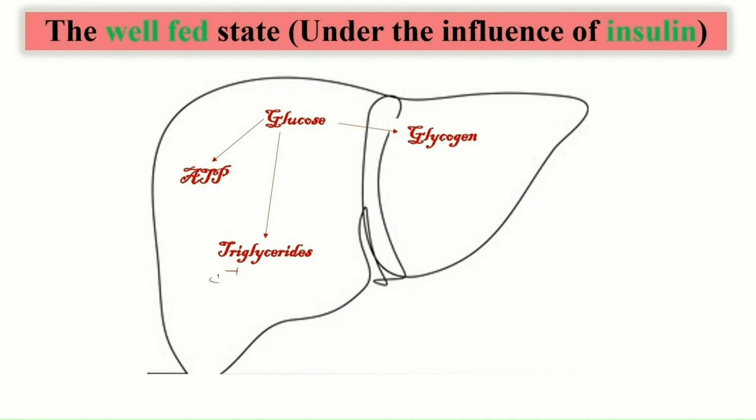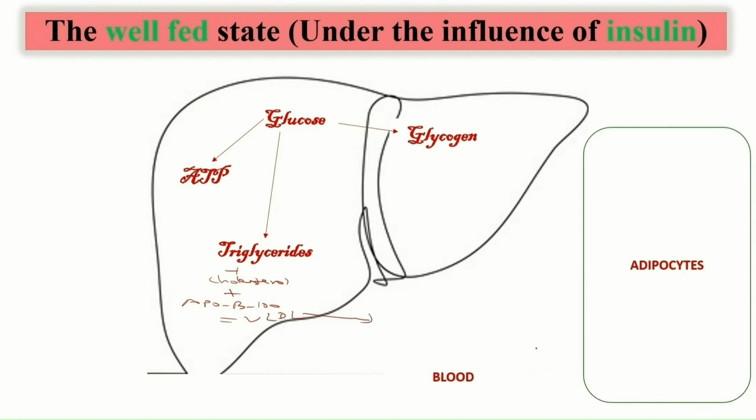Therefore, what it does is, make triglycerides, add a bit of proteins, called ApoB100, and form a complex lipid called VLDL, short for very low-density lipoproteins. This VLDL is then exported to the blood, where it matures and finally delivers triglycerides to the perfect storage tissue, the adipocytes. How it does so is the topic of lipoprotein metabolism, so let's not go too deep there.